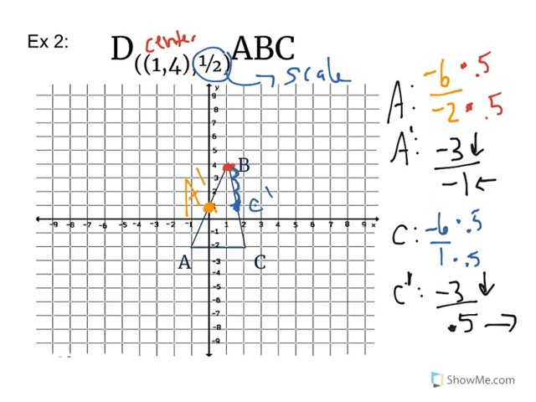So connect those, and that is your dilated triangle. So that green one, because remember, B did not move, so B prime is in that same spot. So that's dilated around 1, 4 by a scale factor of a half.